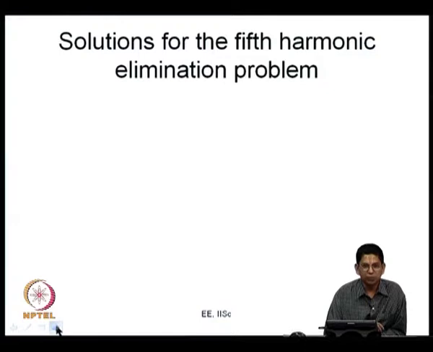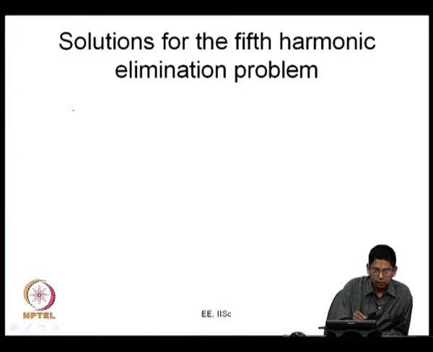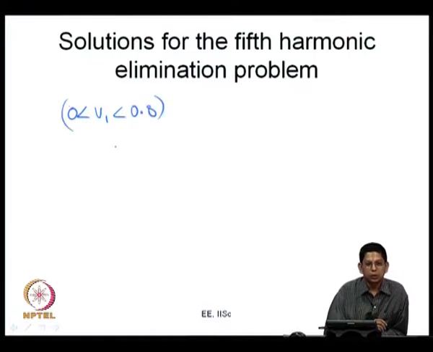So, we can say for the solutions of the fifth harmonic elimination problem, in the range of V1 from 0 to 0.8, two solutions are possible.